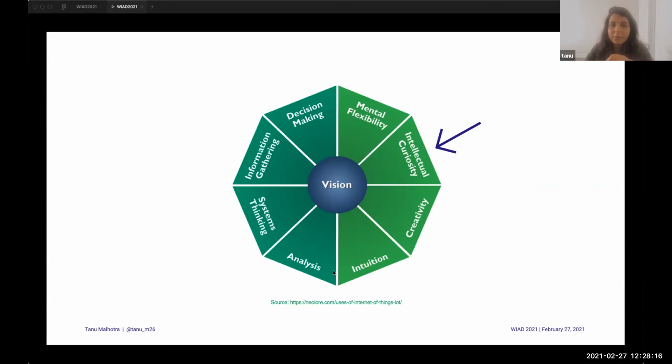We have that intuition because we have empathy for the users, and of course because we are designers, we are creative as well. But the thing I see here is the lack of intellectual curiosity. That's something which the designers should hone, and they should practice every now and then in order to create a visionary product, a product which is future proof.